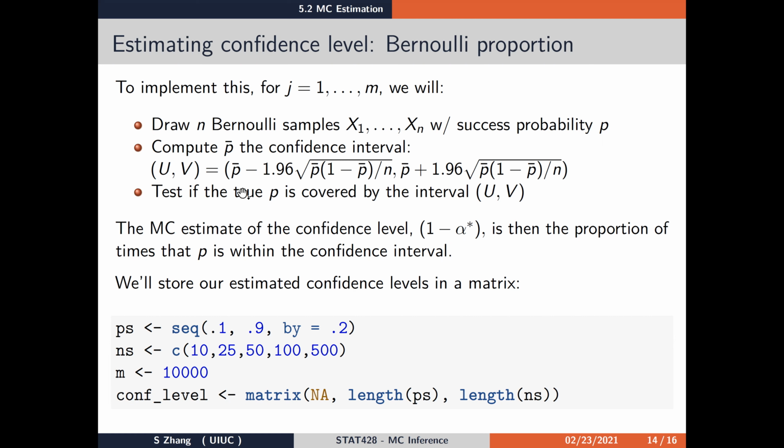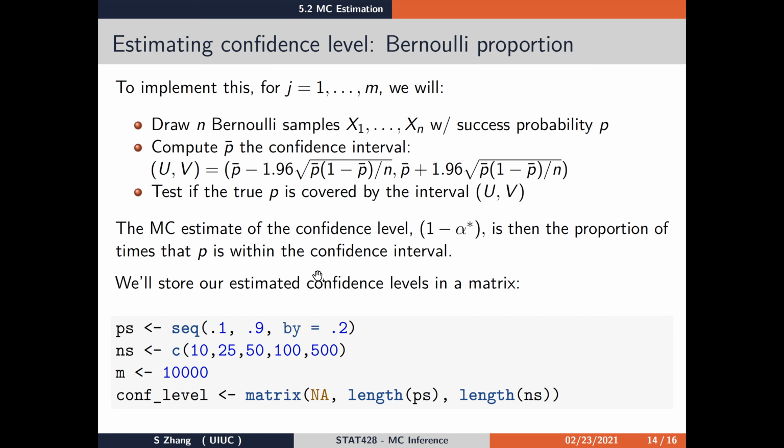Then after we obtain the confidence interval given the jth random sample, we will test if the true p value is covered by this interval. So the result will be either true, where p is within the interval, or false, where the true p is actually outside that interval. The Monte Carlo estimate of the confidence level, 1 minus alpha star, is then given by the proportion of times that p, the true probability of success for the Bernoulli draws, is within the confidence interval.